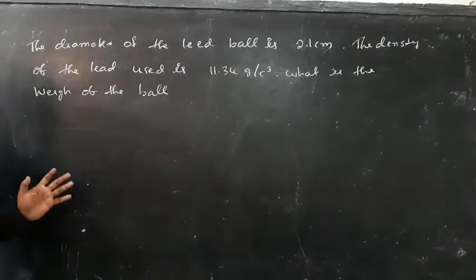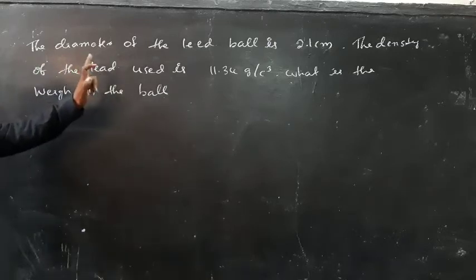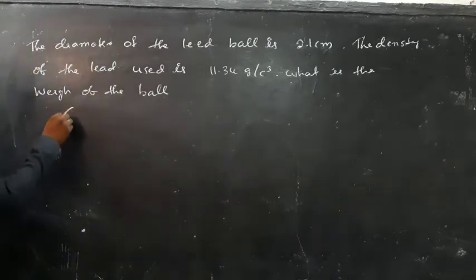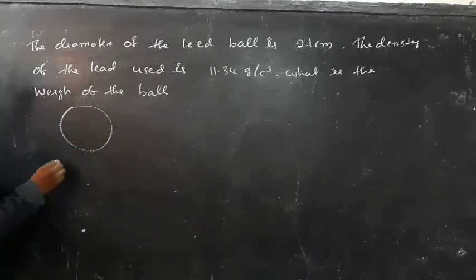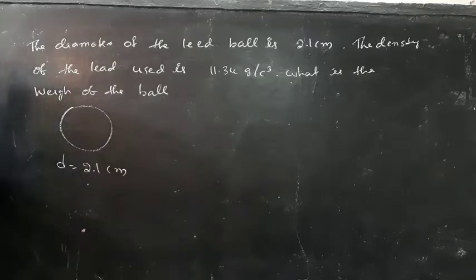Here is another question from 10.4 exercise. The diameter of the lead ball is 2.1 centimeters. What is the diameter? D is equal to 2.1 centimeters.